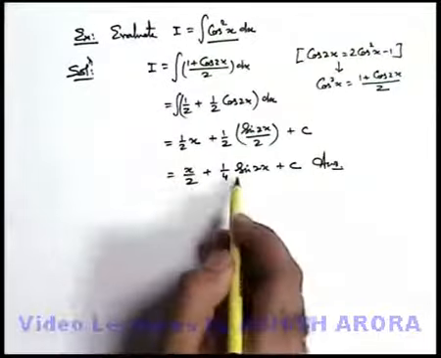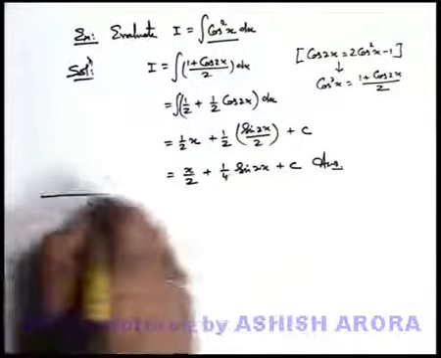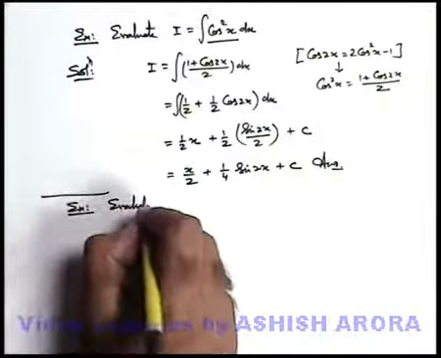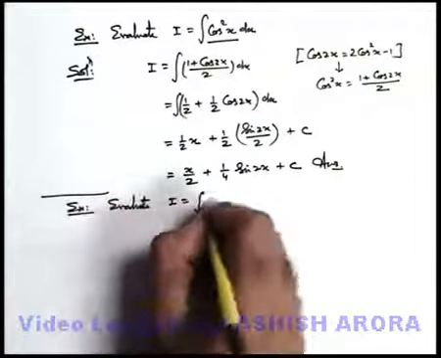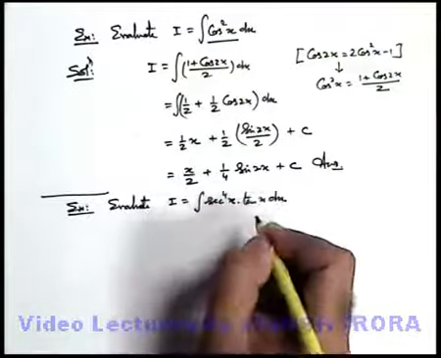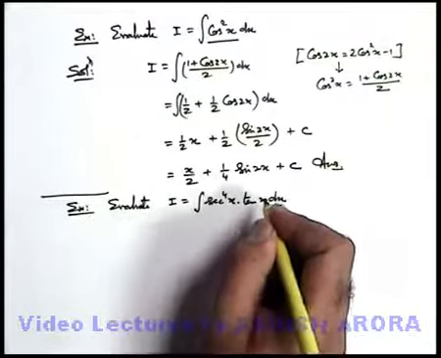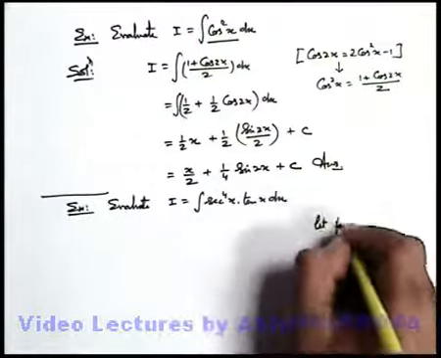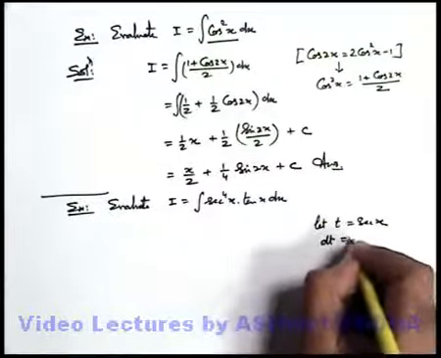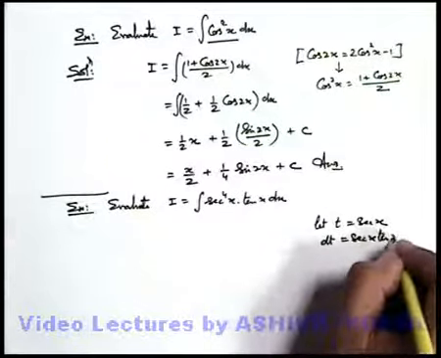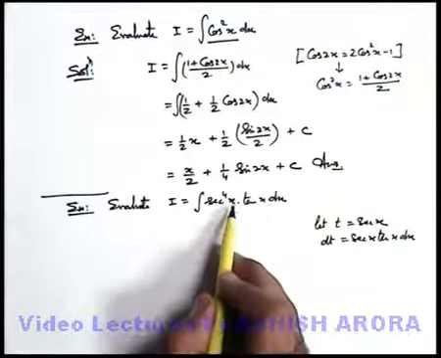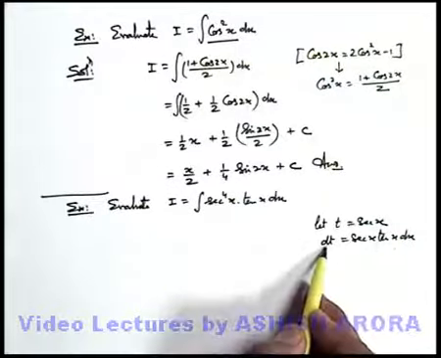If you wish, you can verify by differentiating this result. If we take one more example, if we evaluate I is equal to integration of sec 4x tan x dx. Again, directly we cannot integrate it. Here we take a substitution: let t is equal to sec x. Then we'll get dt as sec x tan x dx. So from this sec 4x we take one sec x out, and sec x tan x dx can be taken as dt.